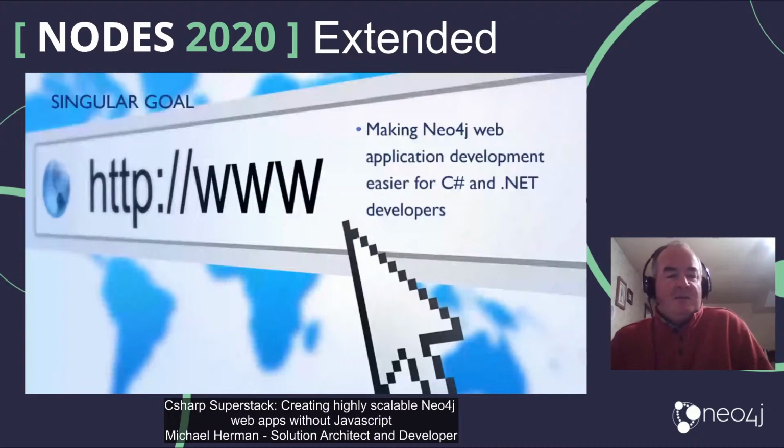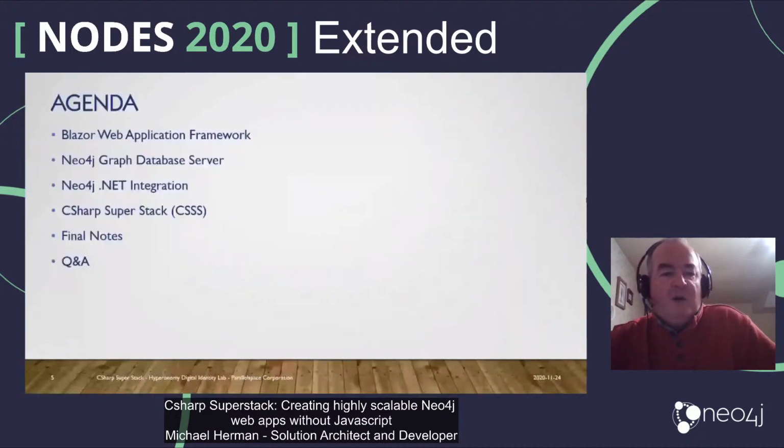So what we're going to talk about, I'm going to introduce the BLAZOR web application framework. This is an open source project sponsored by Microsoft that makes it a lot easier, at least for me, as a C# developer, to build high-performant, high-quality web applications without having to use JavaScript or any of those multitude of JavaScript libraries that are out there.